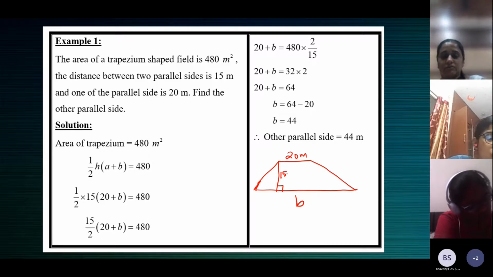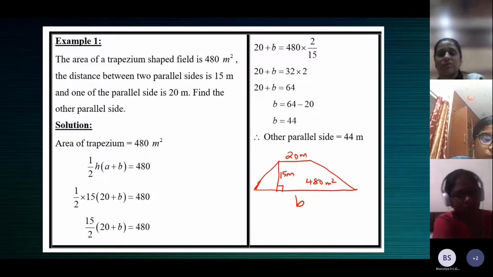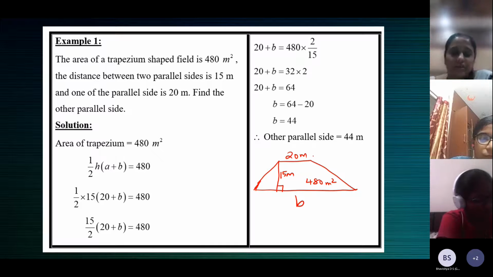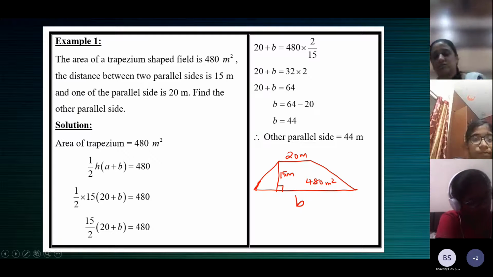The area is 480 meters square. A is 20. B we do not know. H is 15. Work this, children. Please work this. I'm just coming back.